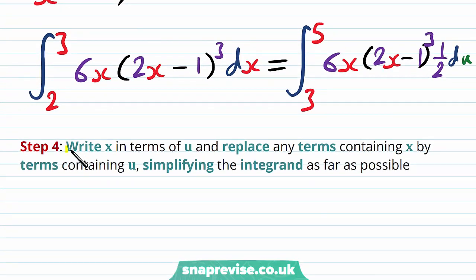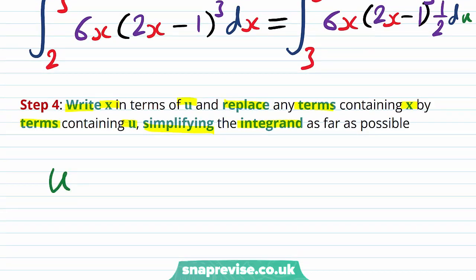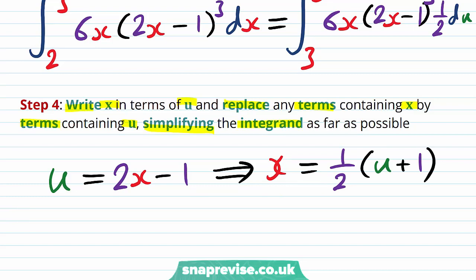Our next step is to write x in terms of u and replace any terms containing x by terms containing u, simplifying the integrand as far as possible. We have that our substitution is u is equal to 2x minus 1, and therefore by rearranging we get that x is equal to 1/2 multiplied by u plus 1. So then we can use this in order to substitute further.